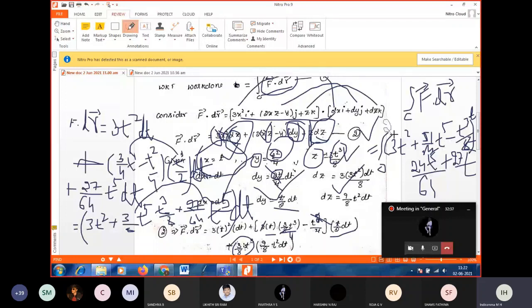Now integrate, then apply the limit and give me the final answer. Is the answer 20? Yes, the final answer is 20. Please all of you check it.